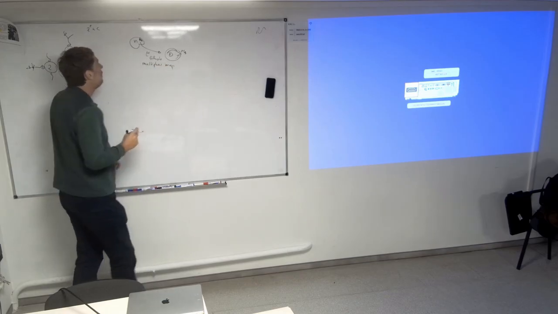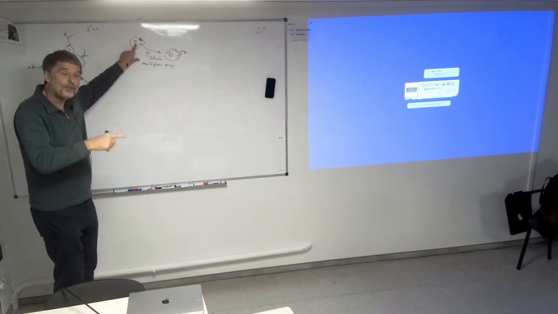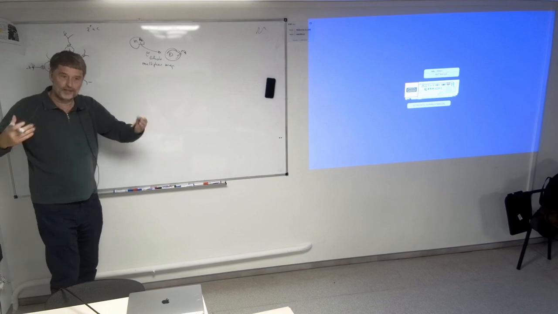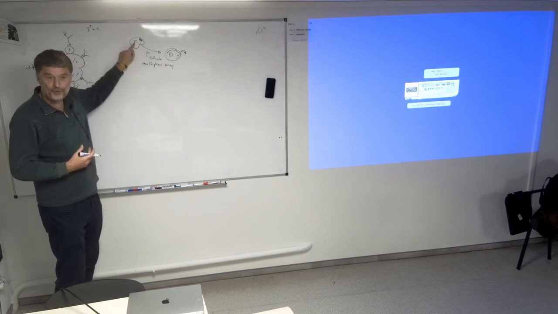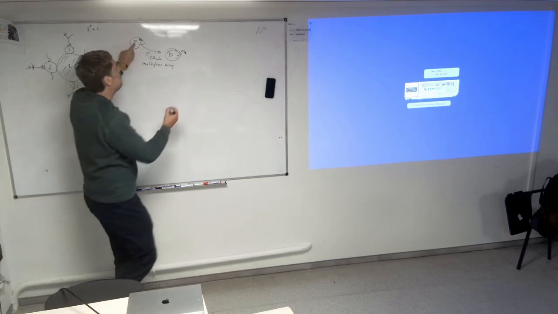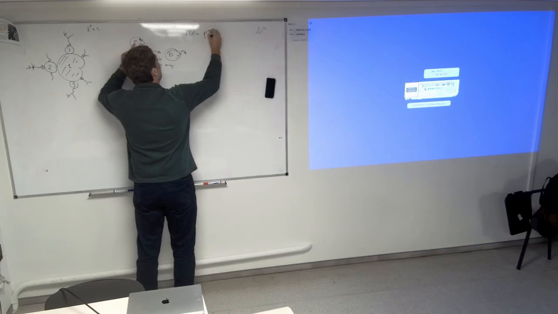Let me write the multiplier map. For the periodic cycle of period n, you take the nth iterate, which has a fixed point, and the fixed point is attracting.